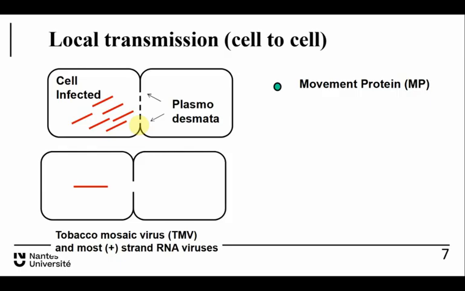And there's basically two types of movement proteins. Either they will bind to the virus DNA or RNA and transport it through the plasmodesmata. And in that case, the structure of the plasmodesmata will stay the same, won't be modified.